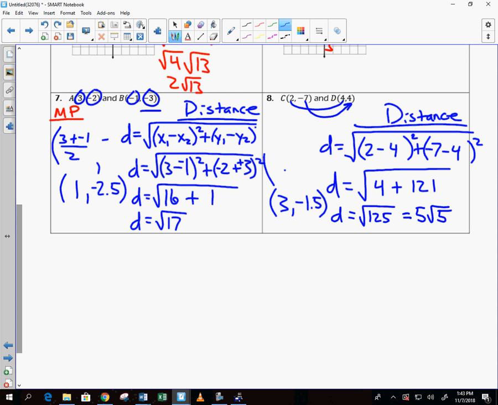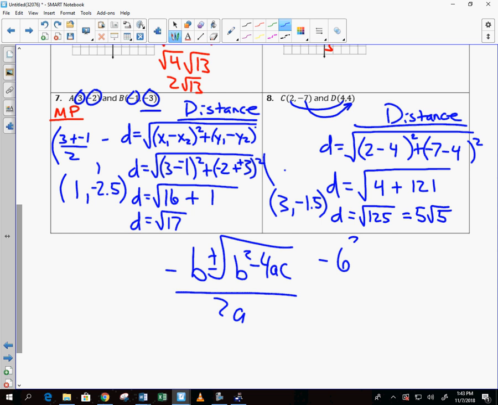Now, folks, I want to be clear because this is a common mistake, and you made it a lot on your last test. When you did the quadratic formula, -b plus or minus the square root of b squared minus 4ac all over 2a, that was a really good time. But when you took, say, -6 and squared it, if you take a negative number and square it, that means -6 times -6, right? That's a positive 36. You don't ever square a negative number and come up with a negative number.